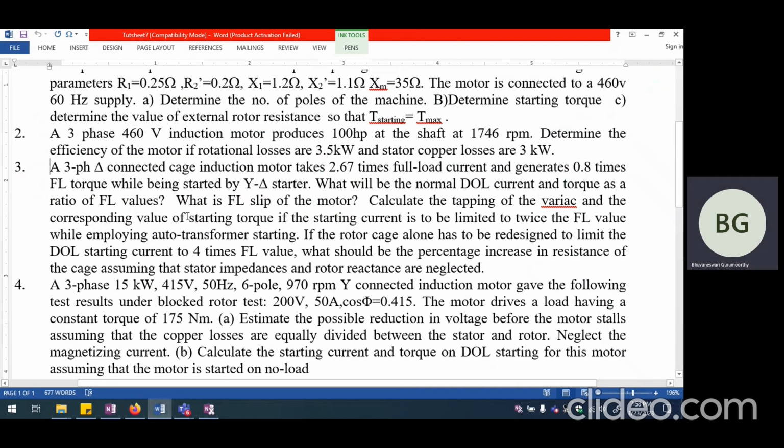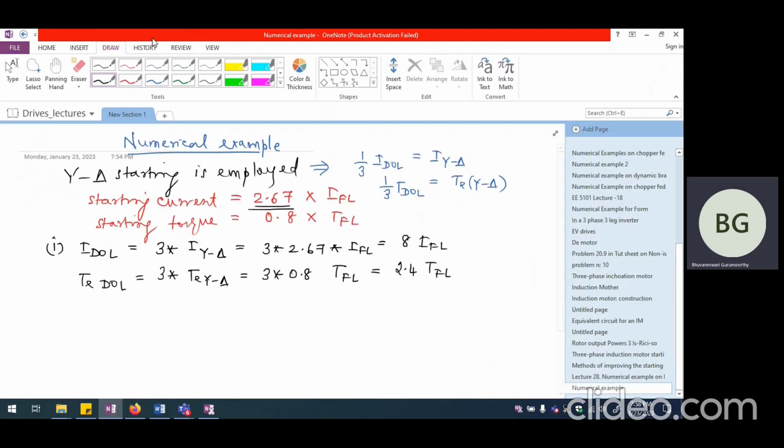Another thing that is being asked is what is the full load slip of the motor? So let us first of all try to calculate that. The full load slip of the motor we can calculate by making use of this expression. If I talk about TE full load, we had written this as 3 I2 dash square R2 dash divided by S omega S. This is what is TE full load.